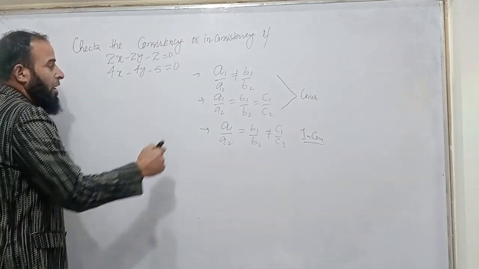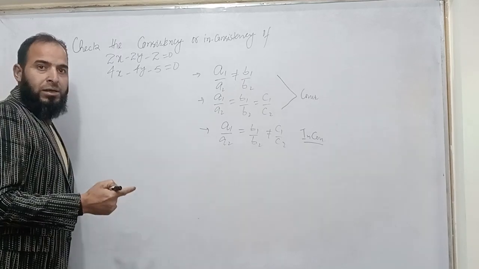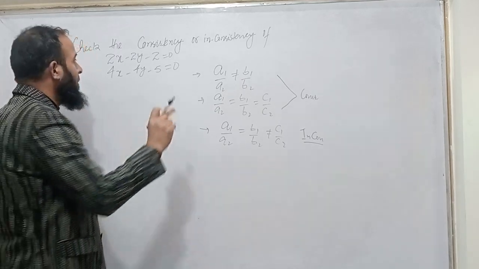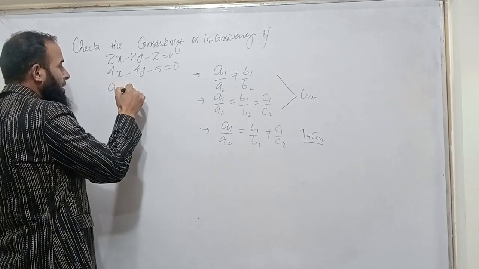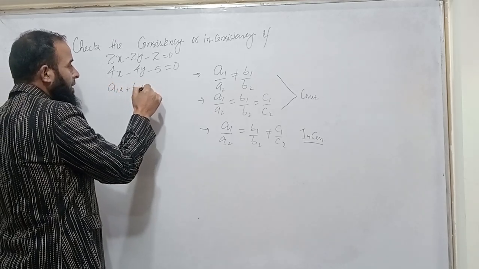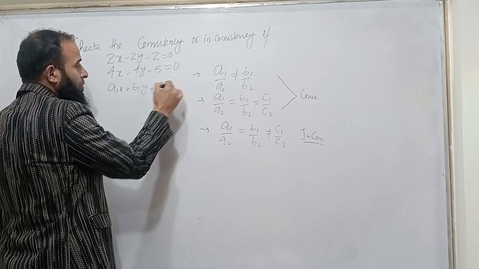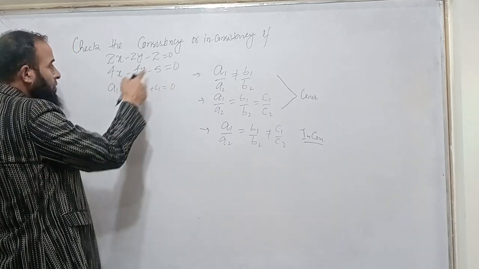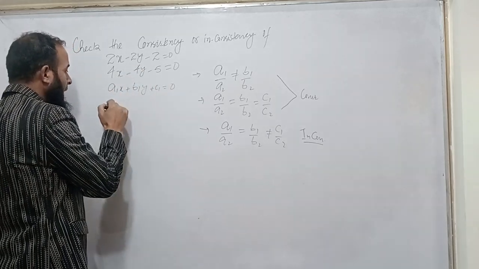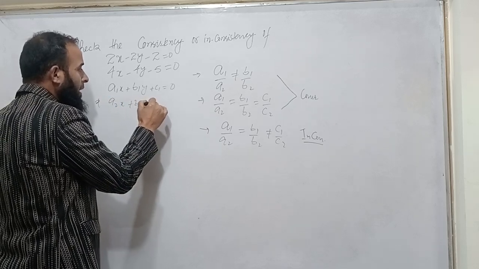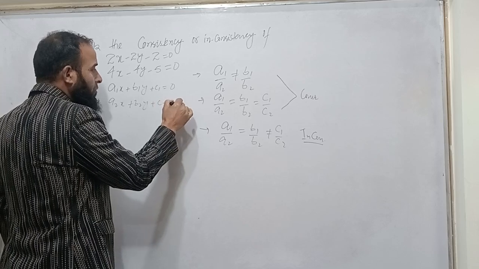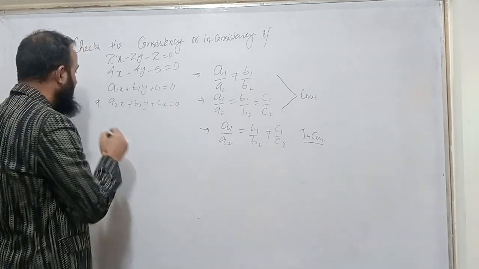Now let's see, if we compare these two equations with a1x plus b1y plus c1 is equal to 0, and a2x plus b2y plus c2 is equal to 0, what we get?